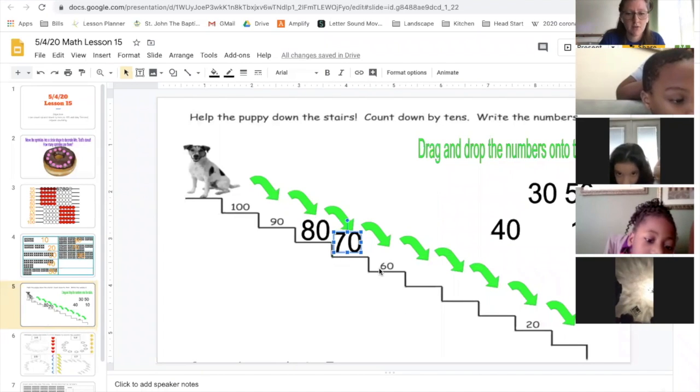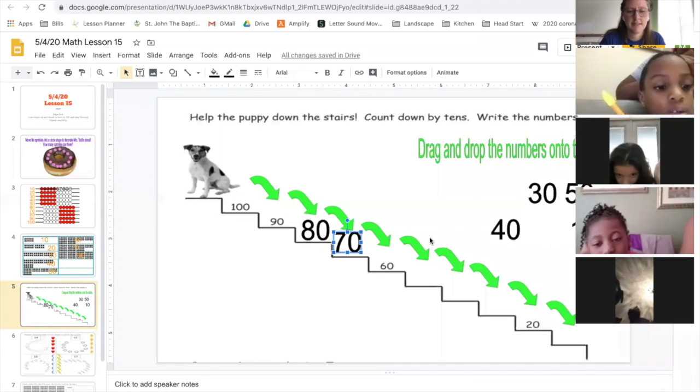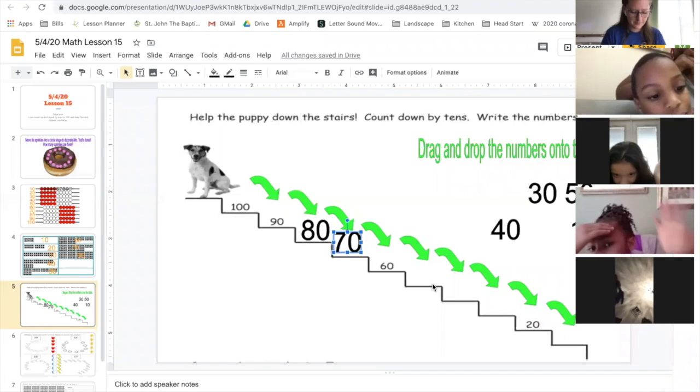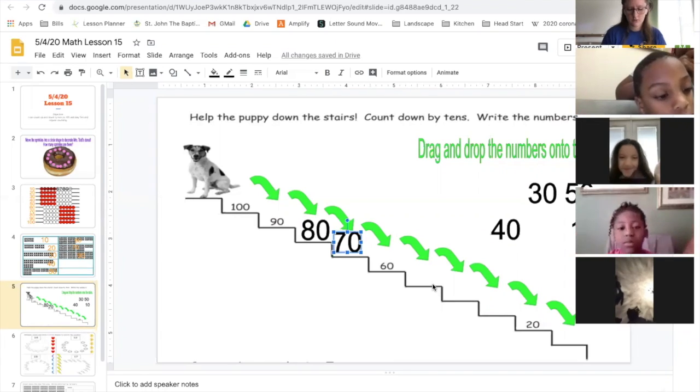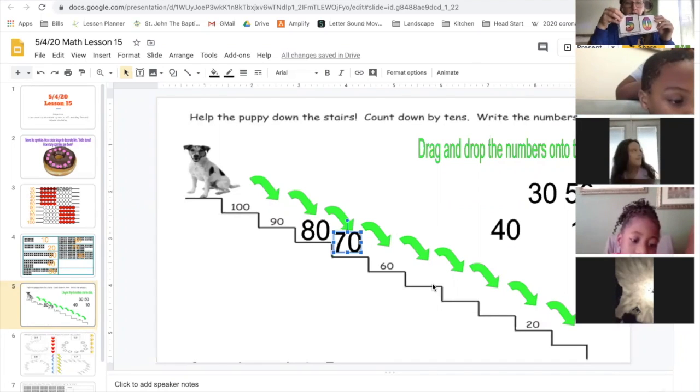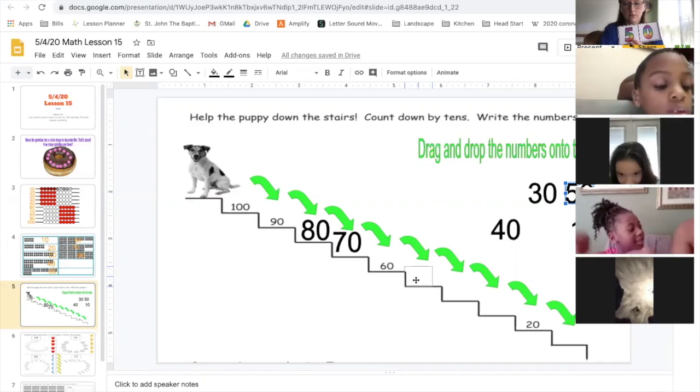Good. And then the next one is 60. And then the next step down should be what number? It should be 5 with a 0. That is 50.